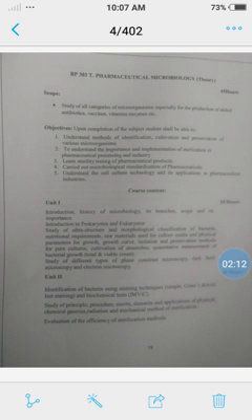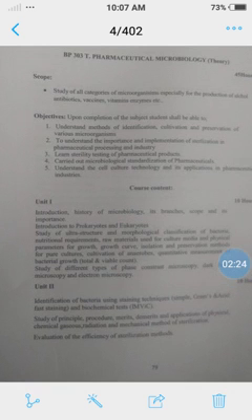The scope of microbiology is to study all categories of microorganisms. For example, bacteria, viruses, fungi, parasites, yeast.